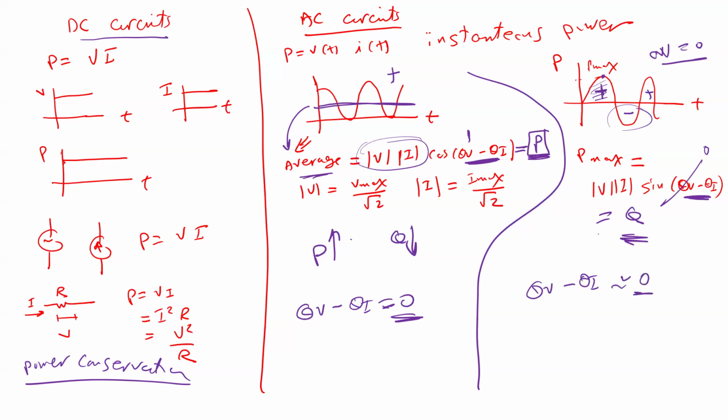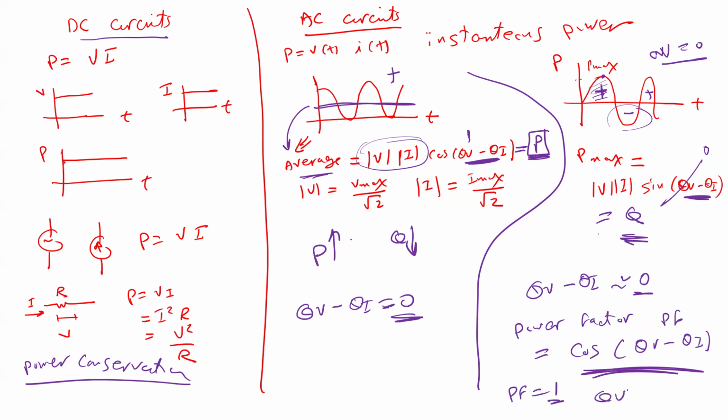And there is a way to measure how close you are to 0. That's what we call the power factor, PF. It measures cosine of theta V minus theta I. So the best value I can get for the power factor is 1.